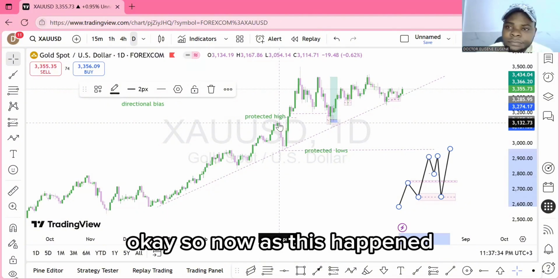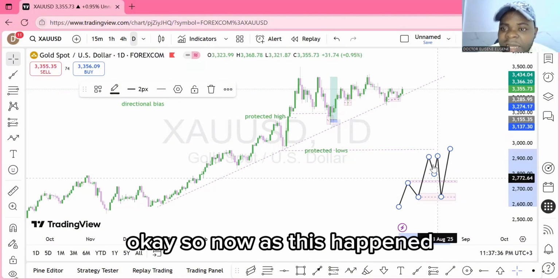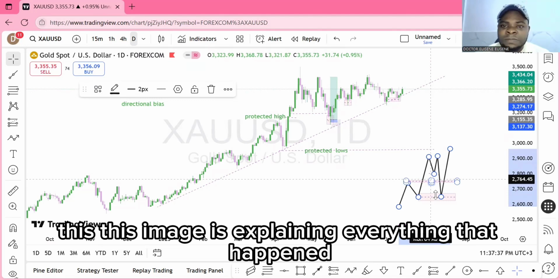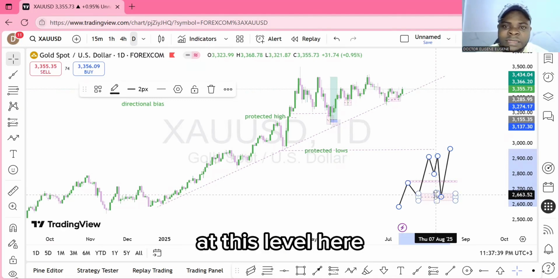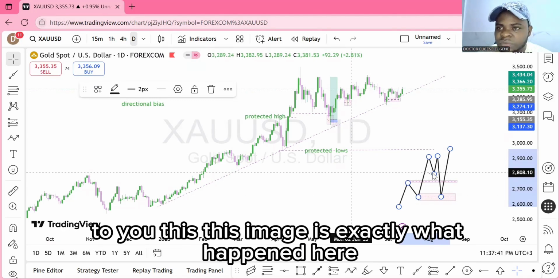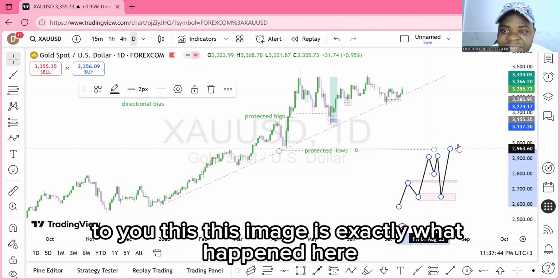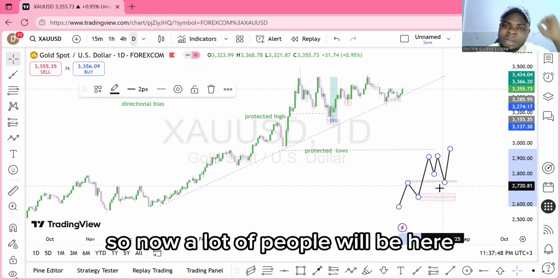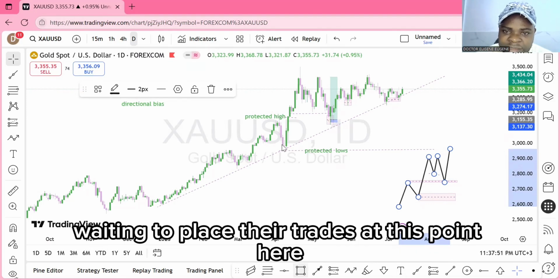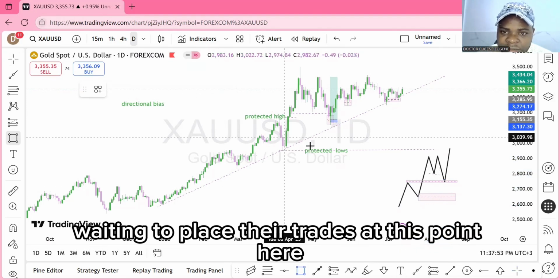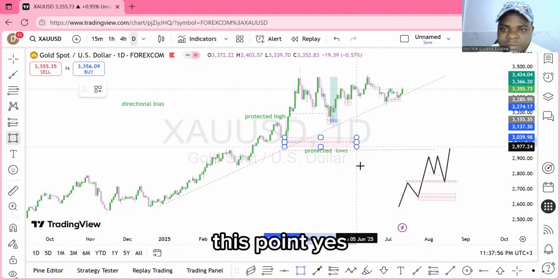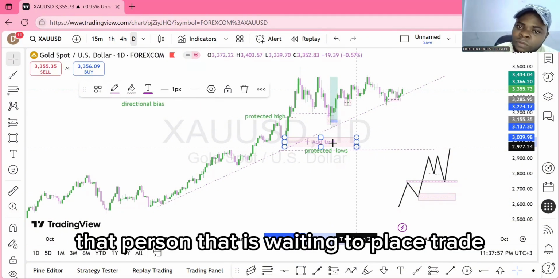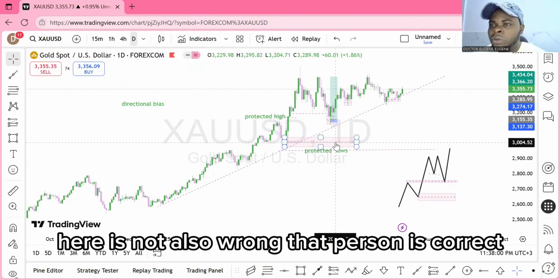Now as this happened, this image is explaining everything that happened at this level to you. This image is exactly what happened here. A lot of people will be here waiting to place their trades at this point. That person that is waiting to place a trade here is also not wrong.